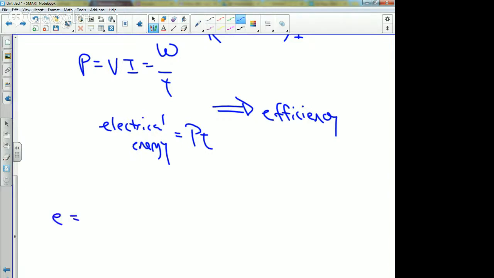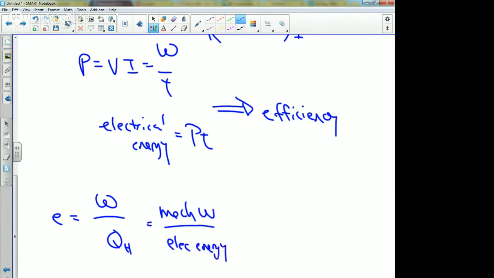Efficiency in thermodynamics, as I said, was equal to work divided by QH. But in terms of electricity, it's more about the mechanical work done divided by the electrical energy provided. So that might be more about force times distance of lifting up an object divided by I times V times T of the electricity itself, power times time.